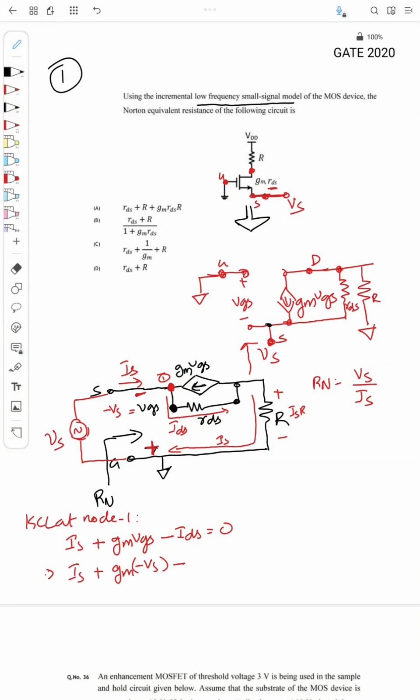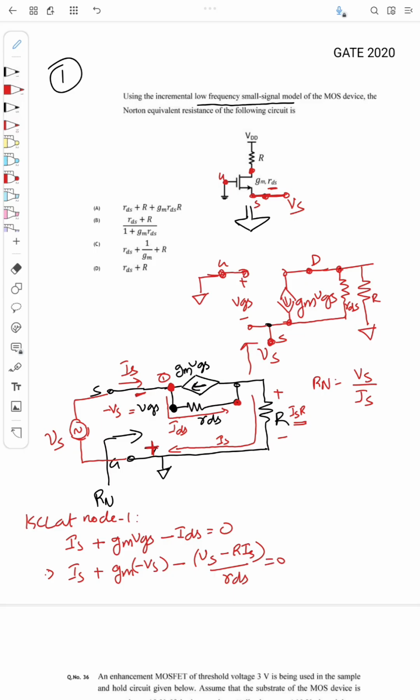So I can write IDS as the voltage Vs minus the voltage at this node. What is this node voltage? That is the voltage across R, and that is equal to IS into R, right? So I can write it as minus R into IS. So that is the voltage across the resistance RDS, and that divided by RDS is the current IDS. Fine. That equal to 0.